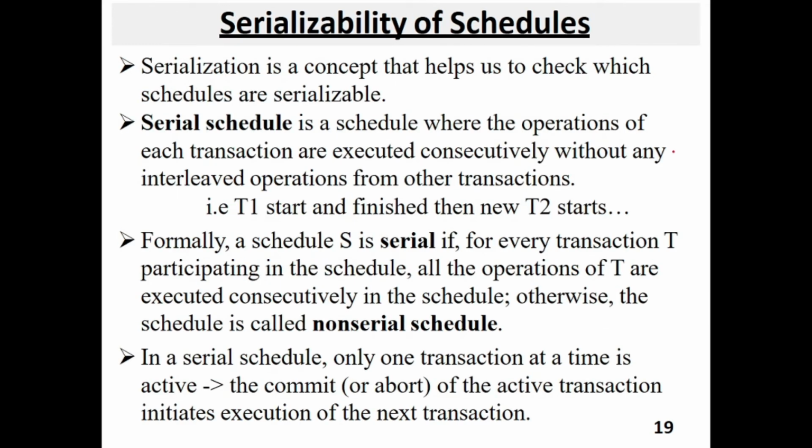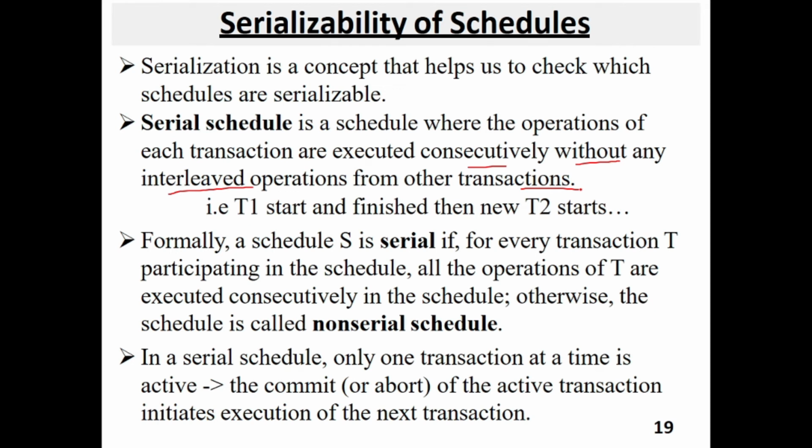Serializability of schedules. Serializability is a concept that helps us check which schedules are serializable. A serial schedule is a schedule where the operations of each transaction are executed consecutively, without any interleaved operations from other transactions. That means T1 starts and finishes, then another transaction, T2, starts.